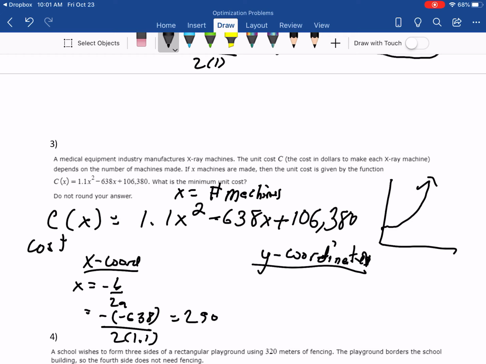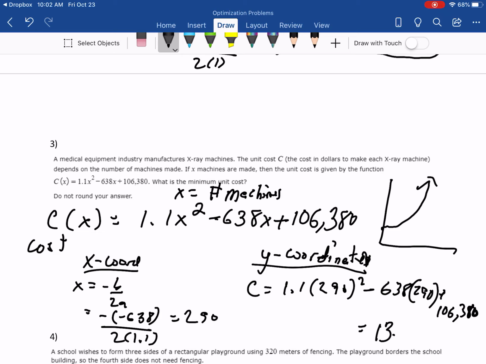So that'll be C equals 1.1 times 290 squared minus 638 times 290 plus 106,380, which is 13,870. And that's dollars.